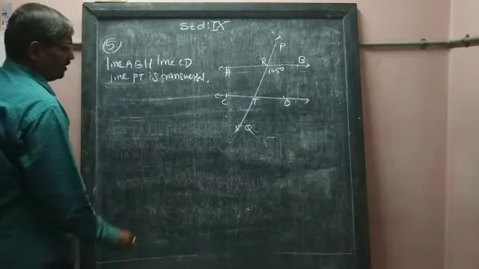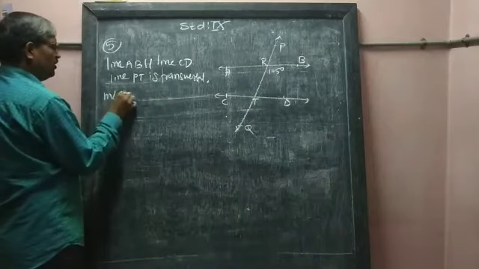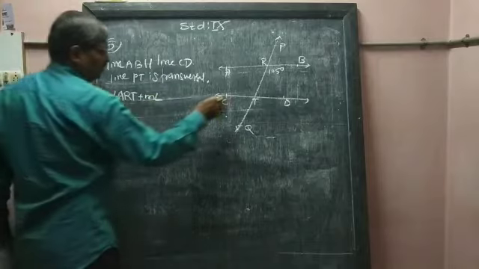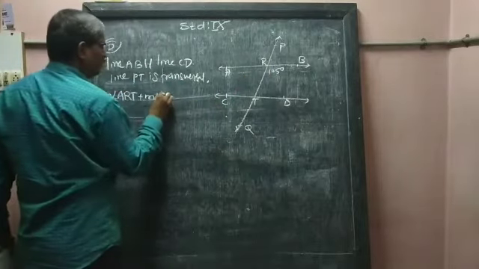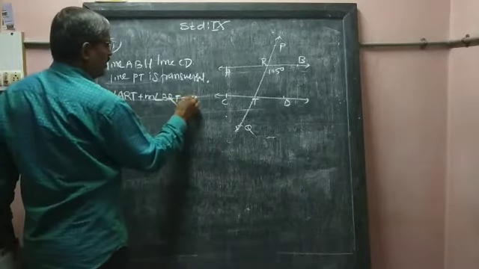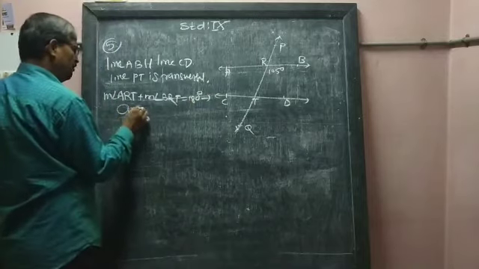Then what will happen? Measure of angle ART plus measure of angle BRT is equal to 180 degrees. Write the reason: angles in a linear pair.